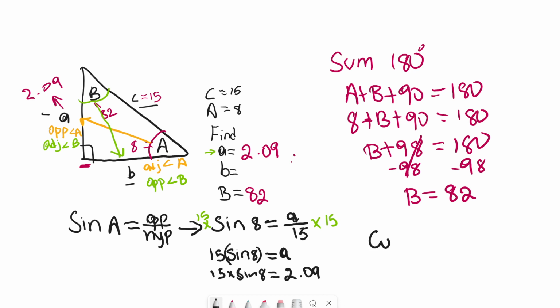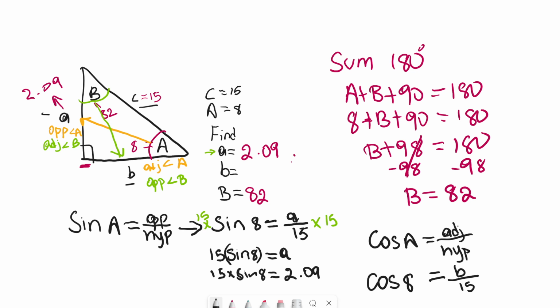So cosine of angle A, if you recall, that's going to be adjacent over hypotenuse. Now, if we're going to do that, we're going to look at our A. My adjacent side for A, that's going to be B. My hypotenuse is what? 15. And so I have cosine, and we know what A is. A is 8. So again, I can just literally plug this into my calculator.